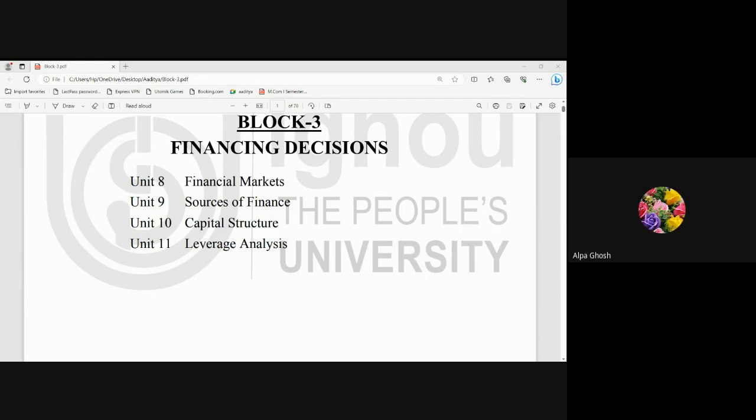Okay. So block 3 is related to financing decisions, and the financing decisions are related to financial markets, sources of finance, capital structure, and leverage analysis. So we have to go through 4 units in this block, and we start with the first one, that is financial markets.